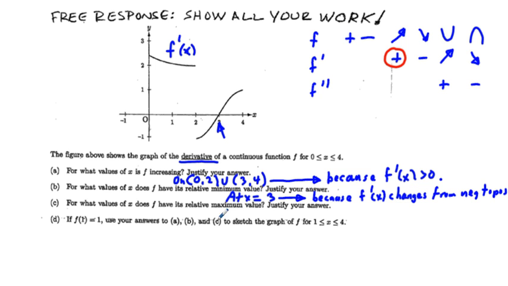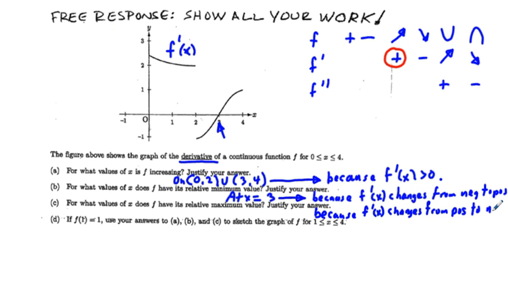For what values of x does f have a relative maximum value? Justify your answer. Well, again, it's just the opposite of what was above, and this time the justification is going to be because f prime of x changes from positive to negative.